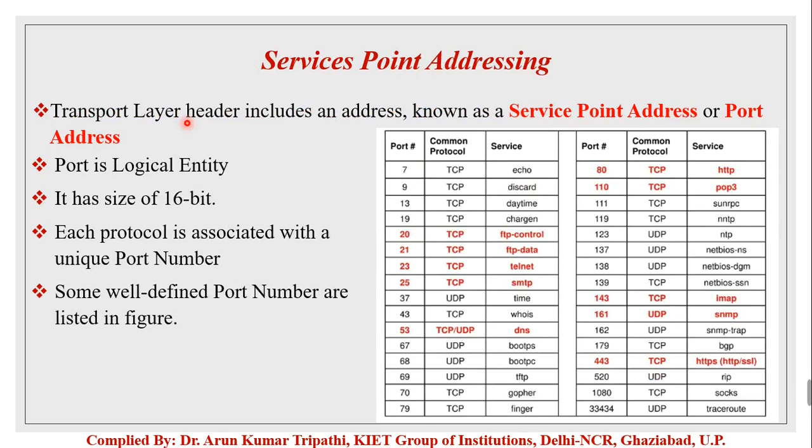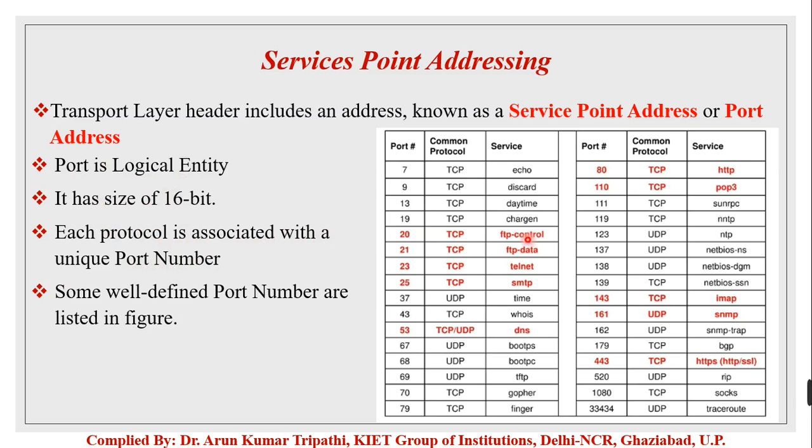Service point addressing. Transport layer header includes a special address that is known as the service port address or the port address. It is a logical entity. It has the size of 16 bits. Each protocol is associated with a unique port number.